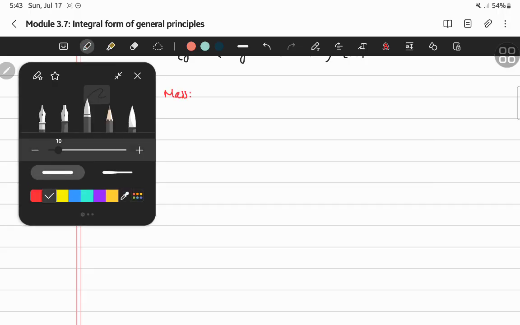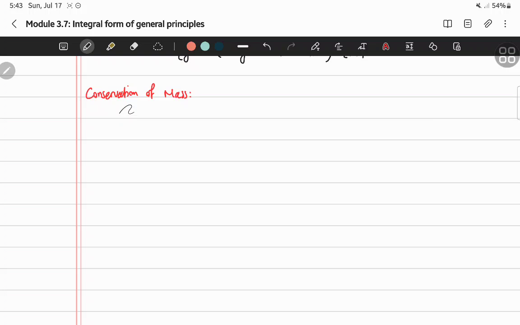Based on this principal equation, we have the rate of increase of the mass in a fixed part of the material.